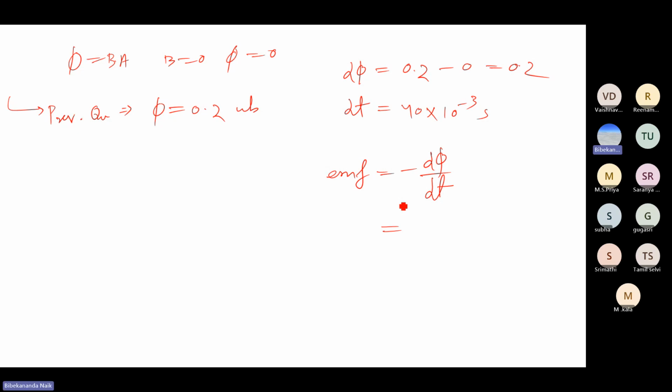So the negative sign comes only due to that. If you calculate neglecting the sign, it will be 0.2 because d phi is 0.2 and dt is 40 milliseconds. So it will be 5 volt. The EMF induced in the coil is 5 volt.